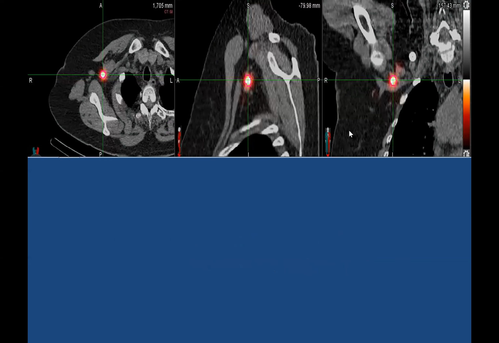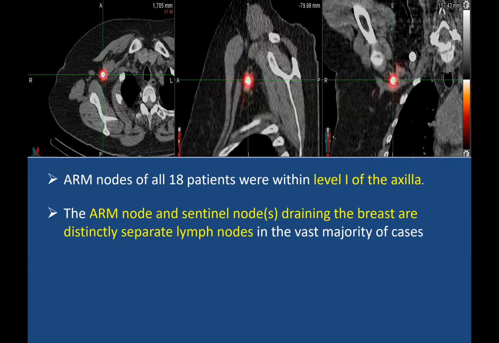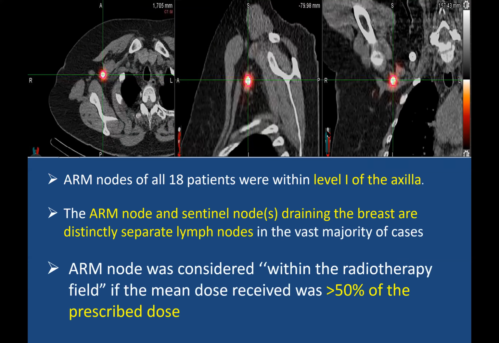And we also started looking into the ARM node and what percentage of the ARM node is getting the radiation dose, and how you can reduce the radiation dose to the ARM node, because it has been shown in the literature that if you reduce the radiation dose to the ARM node, we can clearly reduce the chance of lymphedema.